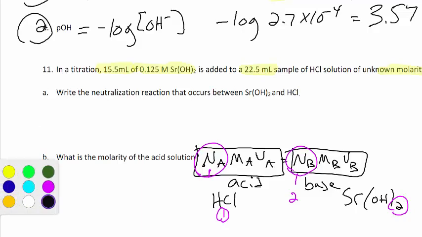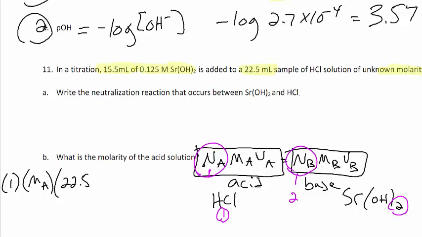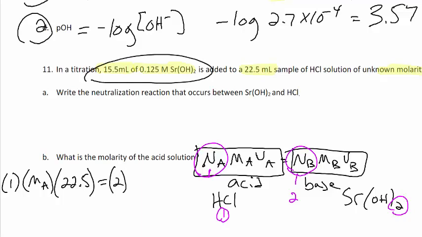So if the left side is the acid, I'm going to do 1 for the N times my unknown, I don't know the molarity, times 22.5 milliliters. That side was for the acid, and the other side's for the base. I'm going to use 2 because there's 2 OH's.